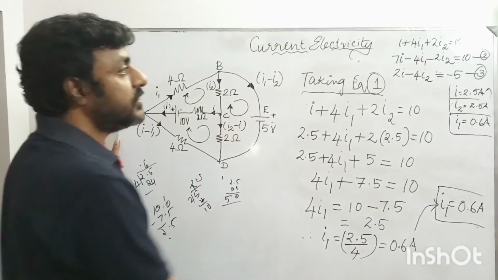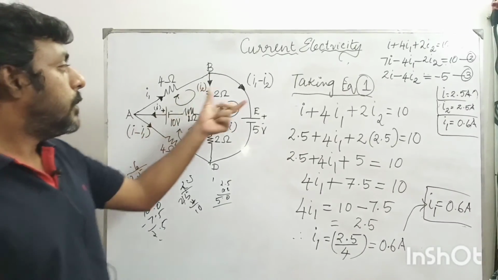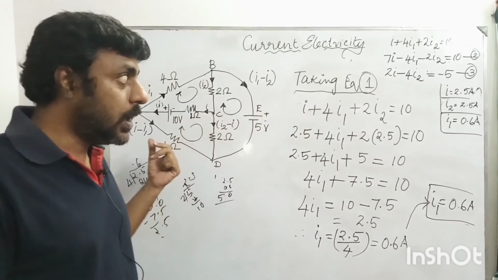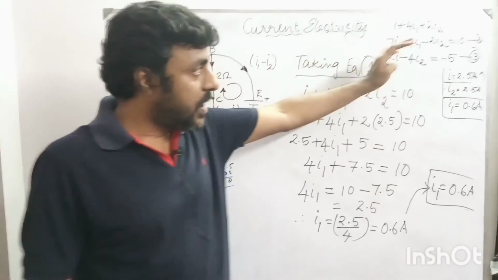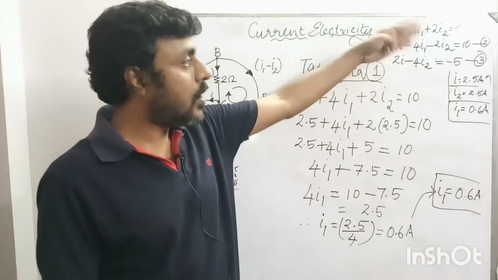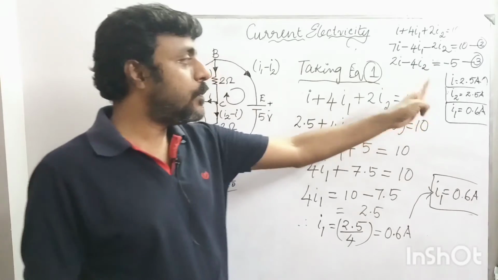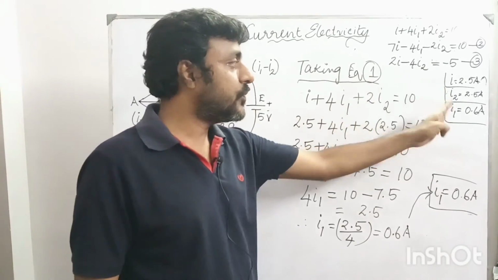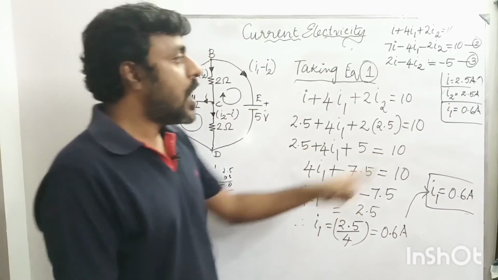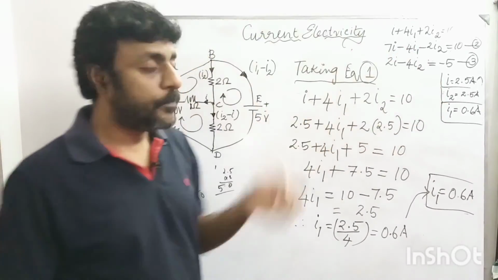So using the three equations which I obtained by solving this electrical network, I have solved all the equations, and I have got the individual values of the electric current. So I got the value of I1, I got the value of I2. Right?